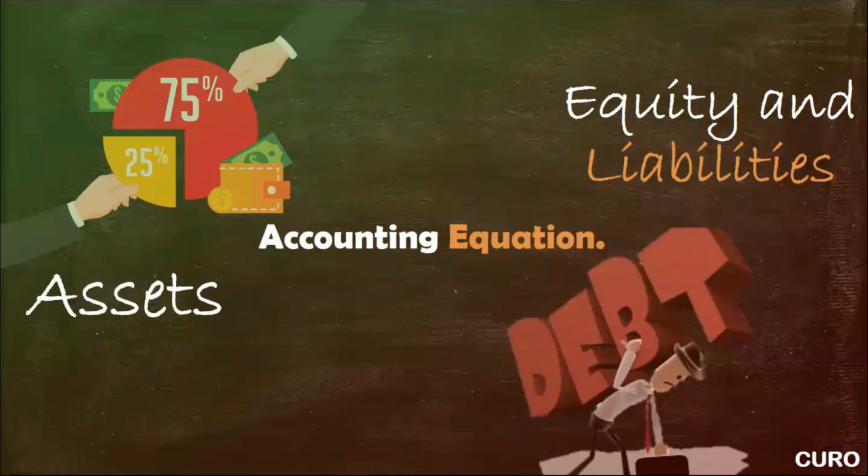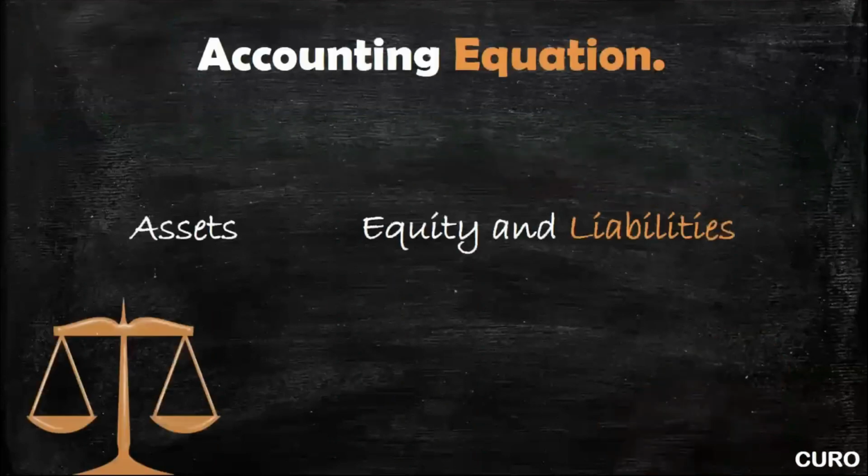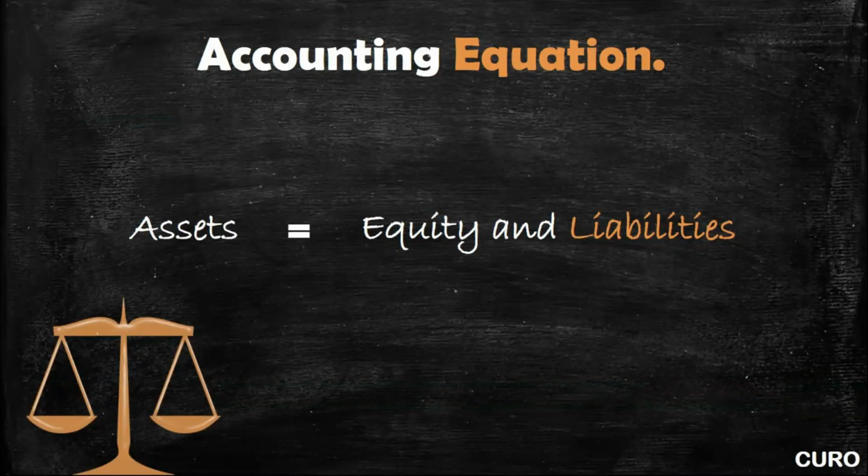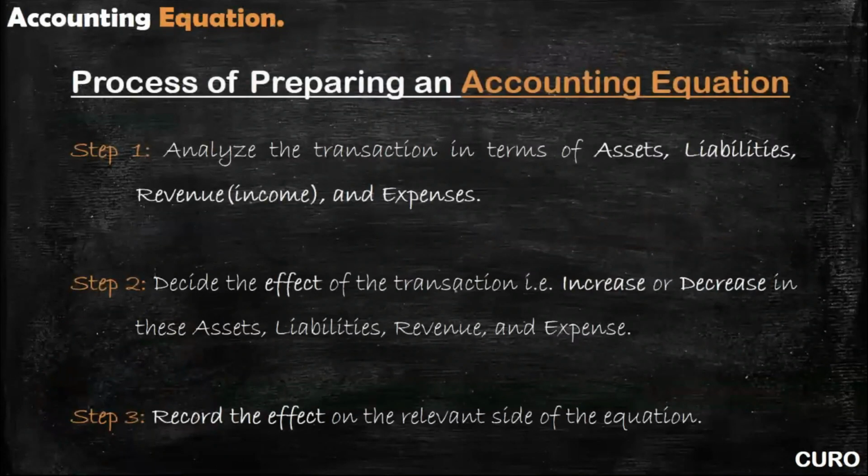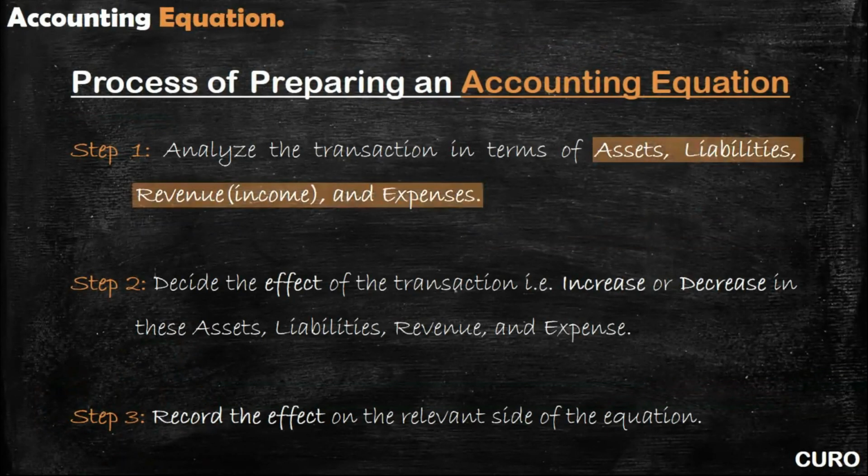By the way, the accounting equation is simply a mathematical equation that says that all of a firm's or a business organization's assets are equal to its equity and liabilities. Process of preparing accounting equation. Step 1. Analyze the transaction in terms of assets, liabilities, revenue, income and expenses.